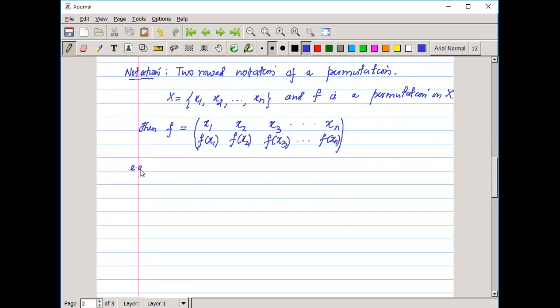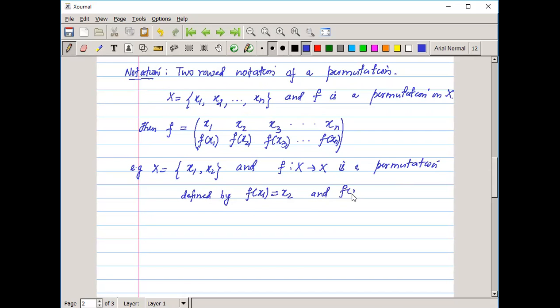For example, if we take the set X with two elements x1, x2, and f is a permutation on X, f from X to X, defined by f of x1 is equal to x2 and f of x2 is equal to x1.